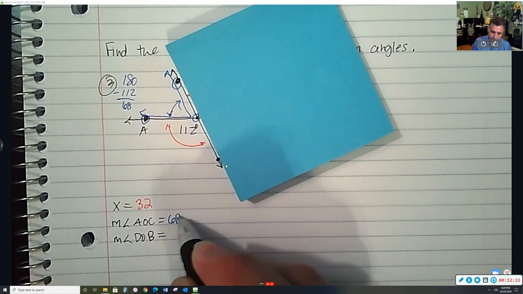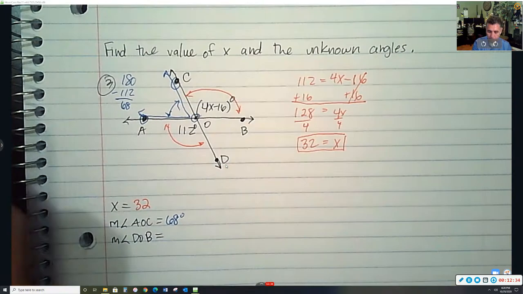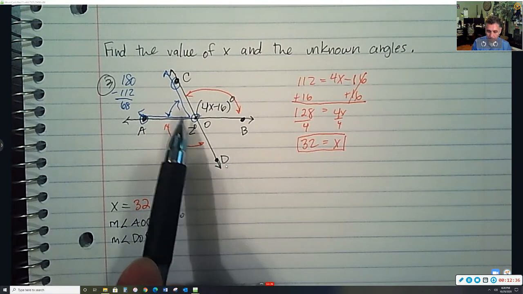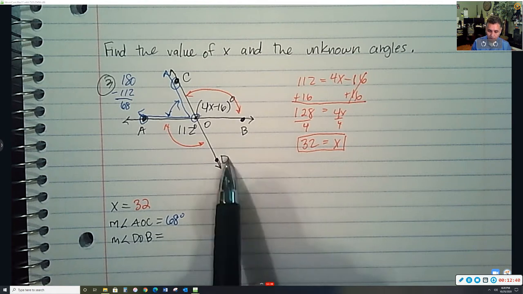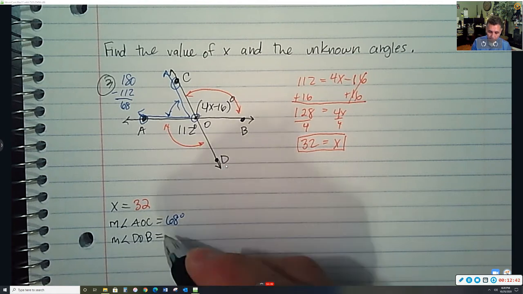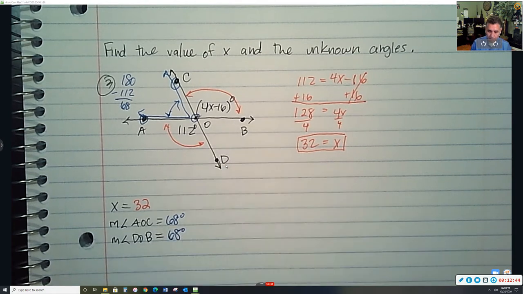So this is 68 degrees. And then again, these two are vertical angles. So that's DOB. That's also 68 degrees. And that's it. Pause this to copy it, rewind it if you need to hear it again. We'll do some work.